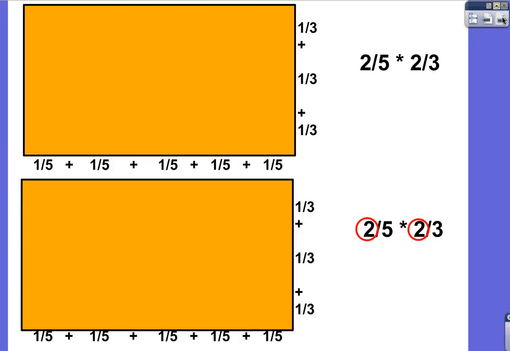Now, I'm going to have you take a look at these two. We have 2/5 times 2/3. And this is going to be the shading with the overlapping colors under here. And this is going to be shading in only the parts that are going to reflect your answers.